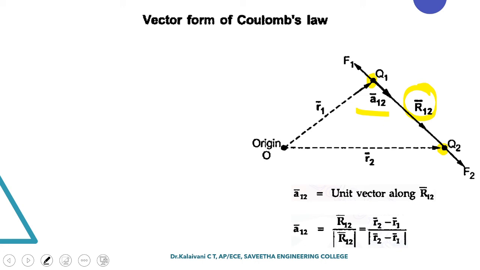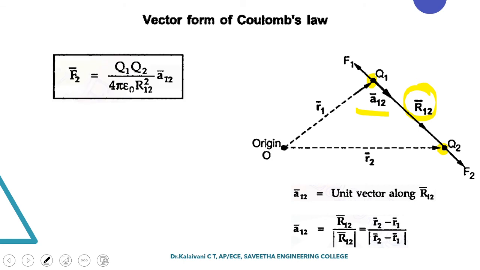So A12 will be equal to R2 minus R1 divided by the magnitude of R2 minus R1. The formula for force in vector form will be F vector is equal to Q1 Q2 by 4 pi epsilon naught R12 square into A12. This is the equation you have to write along with Coulomb's law.